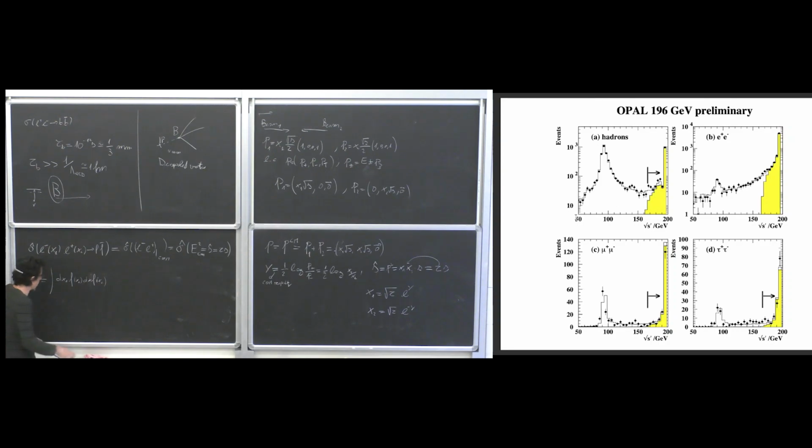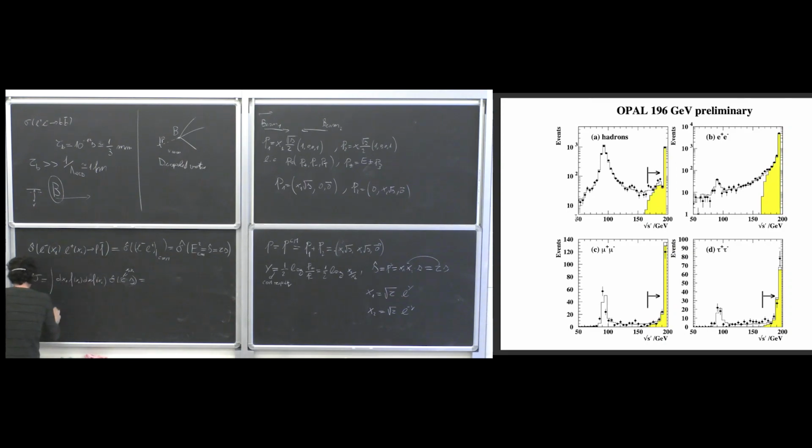And when this is the case, the probability of reaction, which for us is the cross-section, is sigma hat of x1, x2. A priori it is a cross-section that depends on x1 and x2, but in fact, we saw here that it's just a function of the product. So we just have sigma hat of tau s, where tau is x1 times x2.